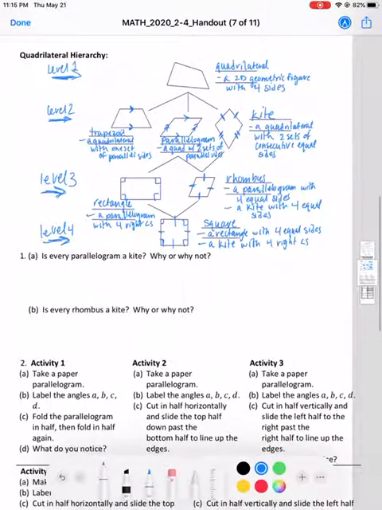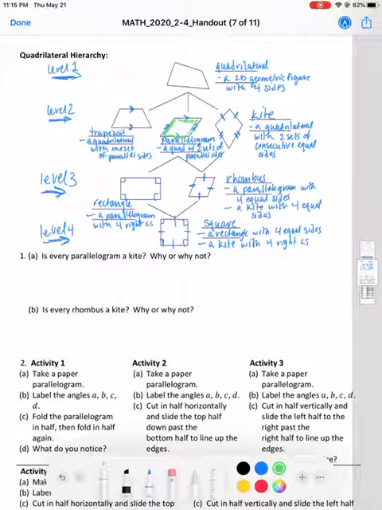We can ask questions like in number 1 here, is every parallelogram a kite? So let's take a look at parallelograms. Parallelograms are right here. Well, the parallelogram is not related to the kite because it's just on the same level, but it doesn't have a parent or child on the hierarchy as a kite.